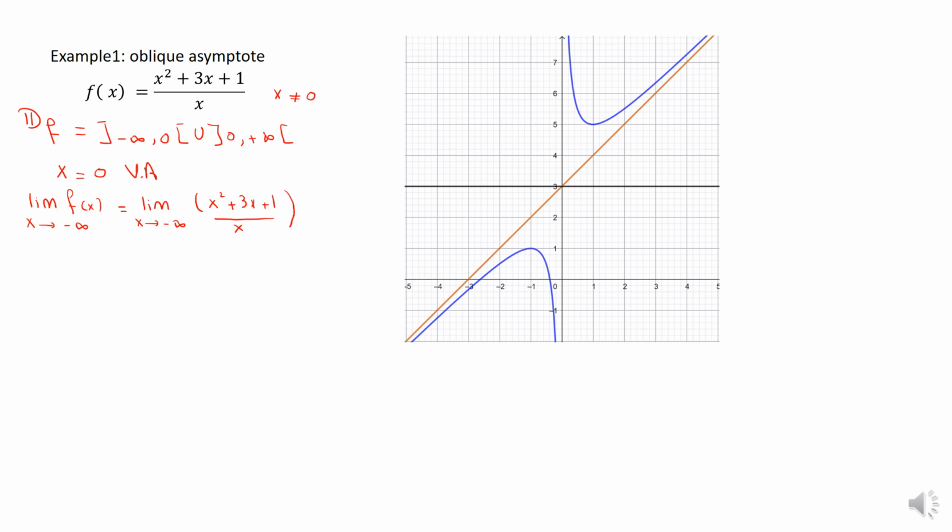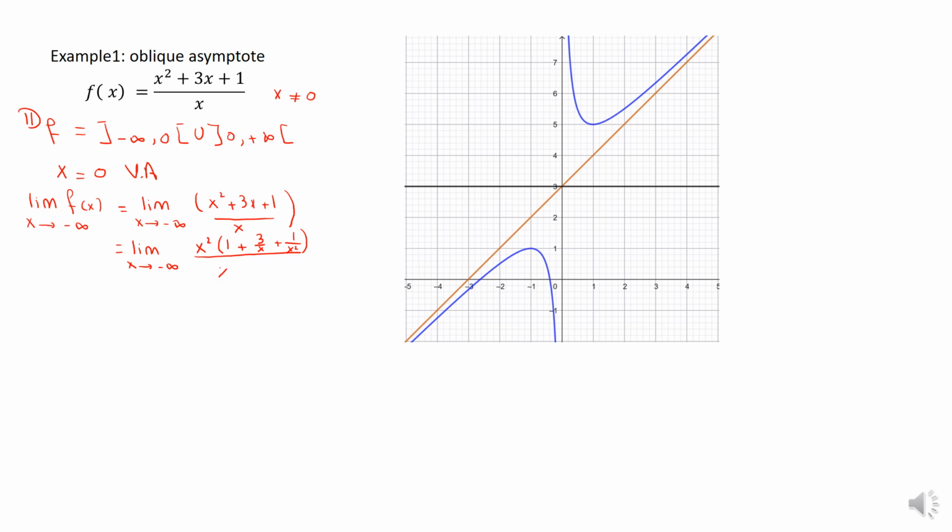How will we find the limit? We take the highest degree in the numerator and the highest degree in the denominator as common factors. So it is the limit as x tends to minus infinity of x squared times 1 plus 3 over x plus 1 over x squared.